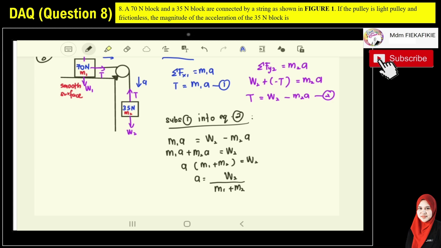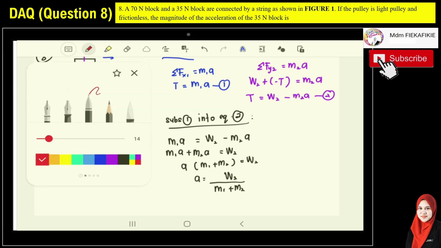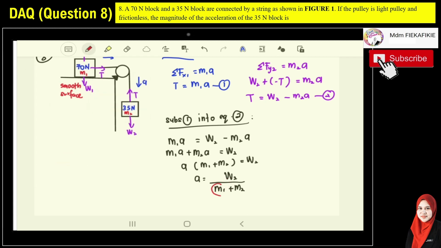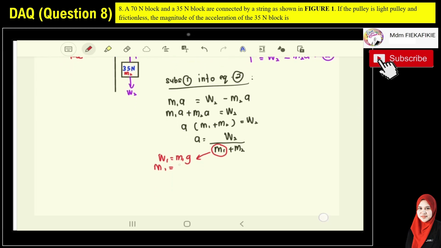Don't be careless and directly put 70 in M1 and M2. So W1 is equal to m1g, therefore m1 is equal to W1 over g, which is 70 over 9.81. So mass 1 is equal to 7.14 kg.